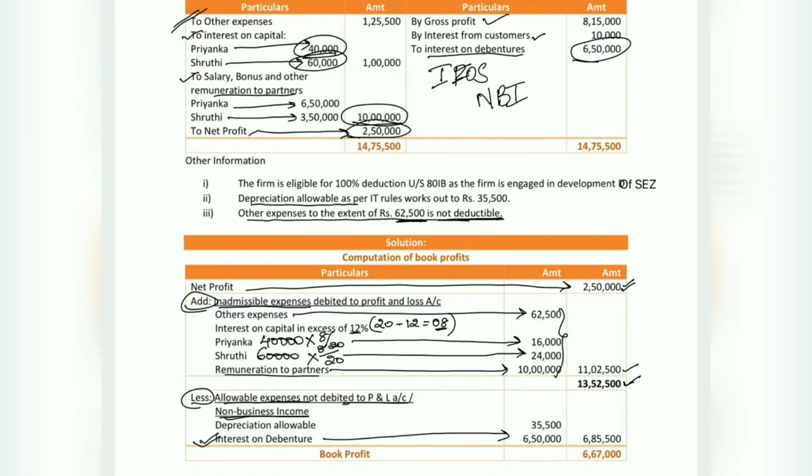In the profit and loss account, they have not given any information regarding depreciation, but in the adjustment they have specifically stated that 35,500 is an admissible value. So we will be deducting 35,500 here. Summing up these two values, the value comes to 6,85,500. So 13,52,500 minus 6,85,500, the value we get is called book profit, that is 6,67,000.